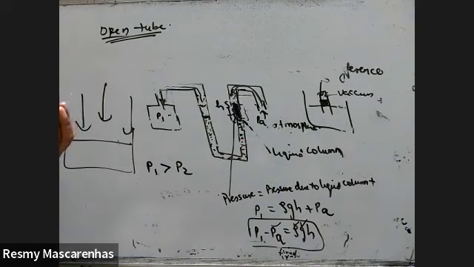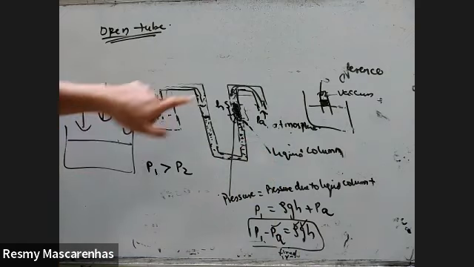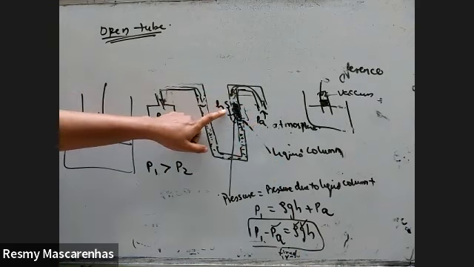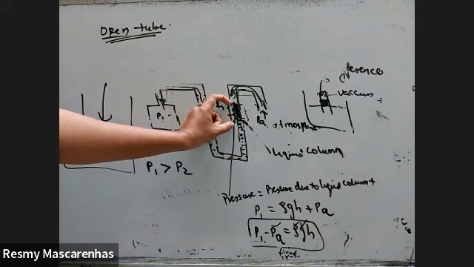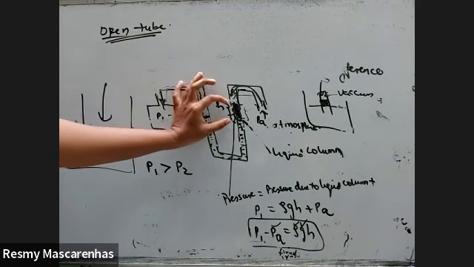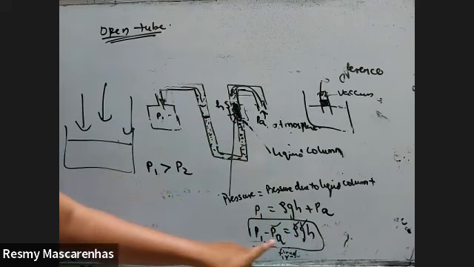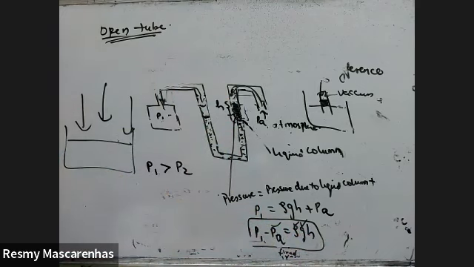If you want to measure the pressure of anything, this value you know, so the only thing you have to measure is the height. If something is 10 centimeter, convert it into meters, put it here, and you will always get the pressure inside. So all these are devices used to measure pressure.